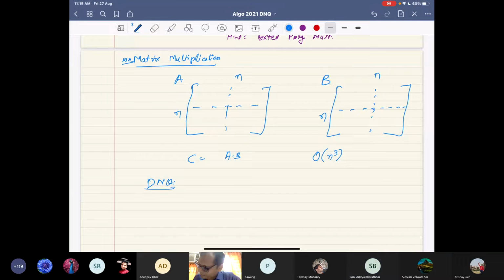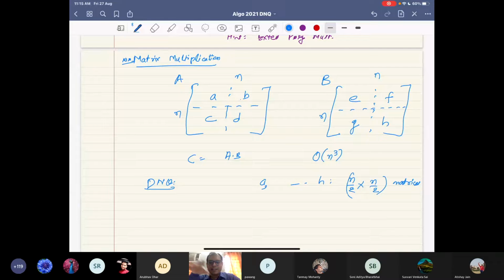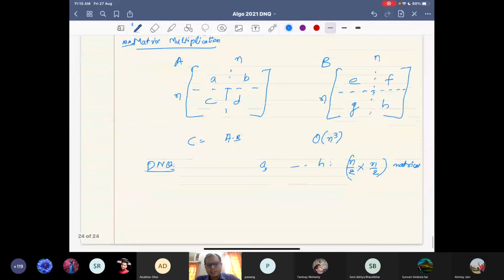Okay, and think of it as 4 matrices. A, B, C, D, and this is E, F, G, H. So they are all n by 2 cross n by 2 matrices. So A to H are all n by 2 cross n by 2 matrices. Now, using this, you can write what is the C matrix.